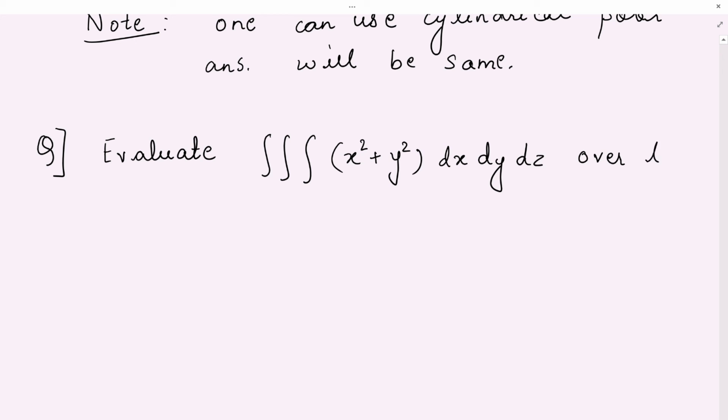Okay, so here the evaluation is given and the region is a paraboloid. Paraboloid is nothing but a parabola. It's a cup actually in 3 dimensions.